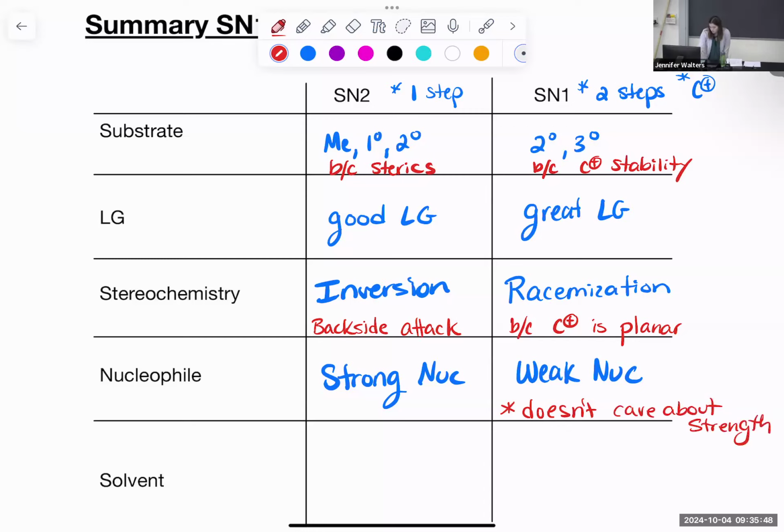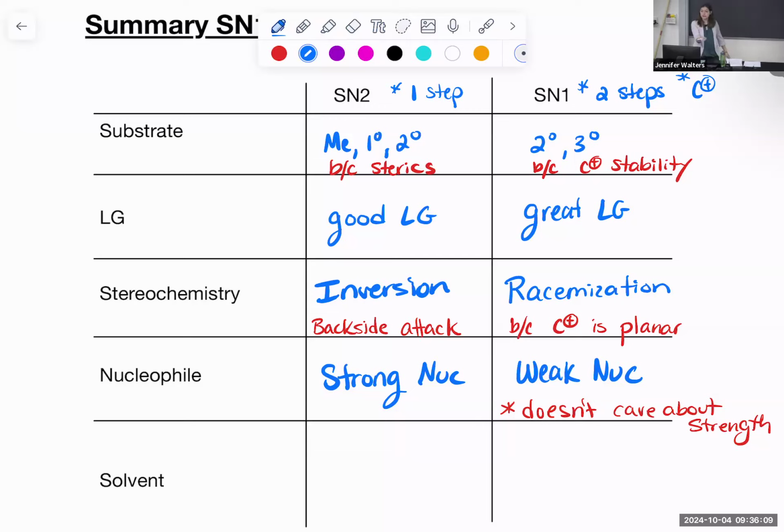But it doesn't care about the strength. So the reason that this strong nucleophile is going to favor SN2 is because if you're a strong nucleophile, that means you're really reactive. You're not going to just wait around for a carbocation to form. You're going to react. You want to go. You're a higher energy. You are just ready to attack right away.